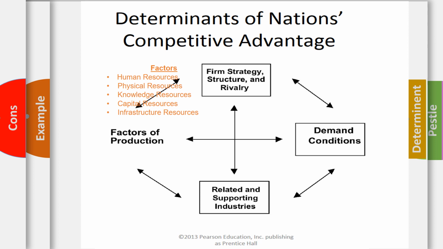Porter argues that it's not really the basic factor conditions but the advanced factor conditions which give a country a determinant of competitive advantage, combined with the other elements, of course.